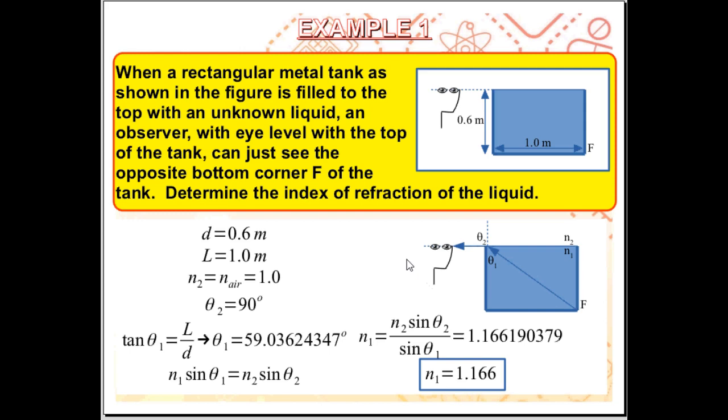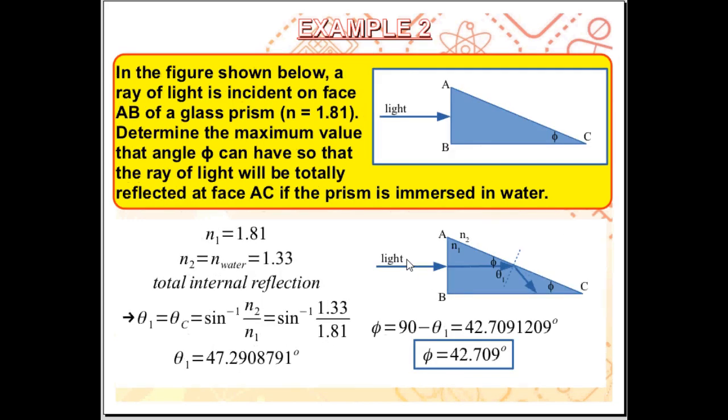Next up, we have example number 2. In the figure shown, a ray of light is incident on this face AB of a glass prism. The index of refraction of the glass prism is given to be 1.81.